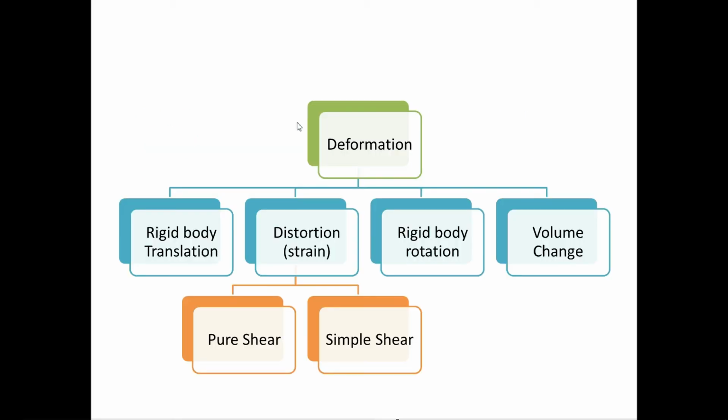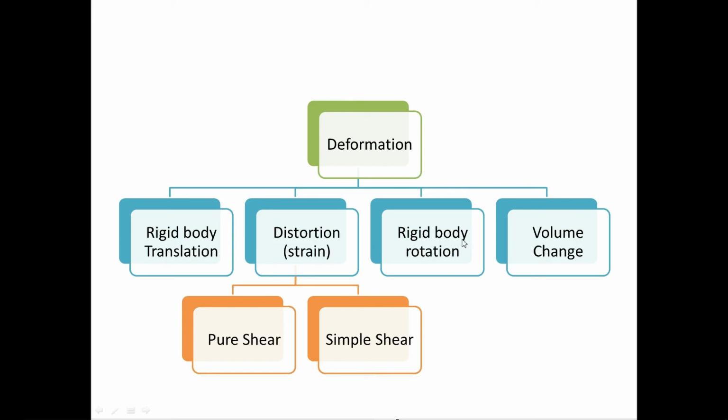In a simplified version, we can classify this kind of deformation and represent it as shown in this flowchart. So deformation can be of basically four types: rigid body translation, which means the body is not changing its shape, rather it is being translated from one position to another. Then distortion, or strain, which can be further divided into pure shear and simple shear.